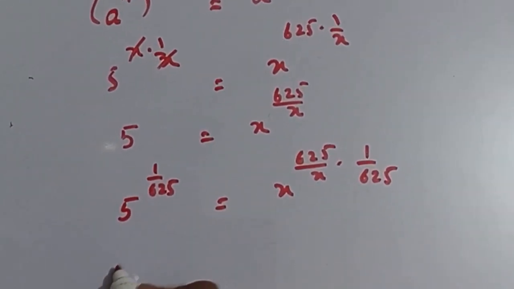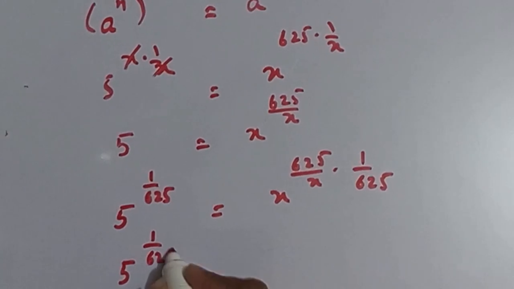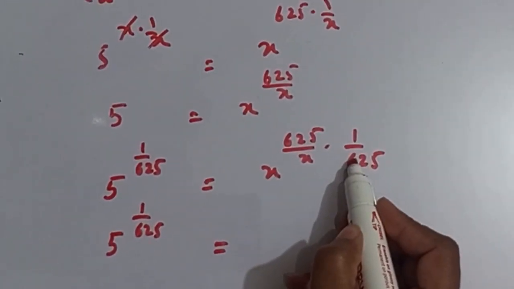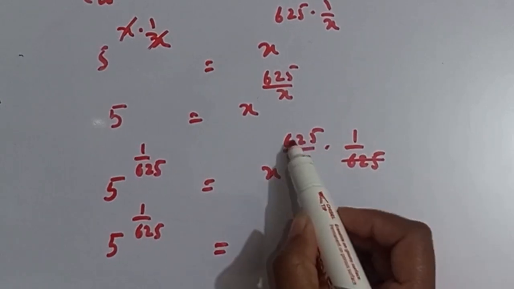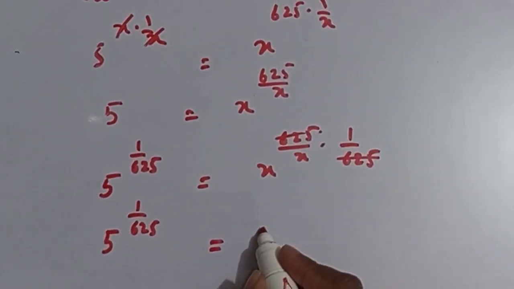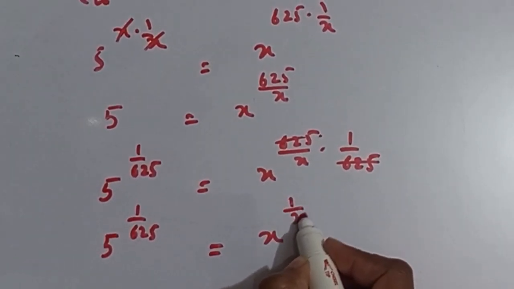So this is 5 raised to the power 1 over 625 is equal to, looking at the right hand side, this 625 in the denominator and this 625 in the numerator cancel. We just get x raised to the power 1 over x.